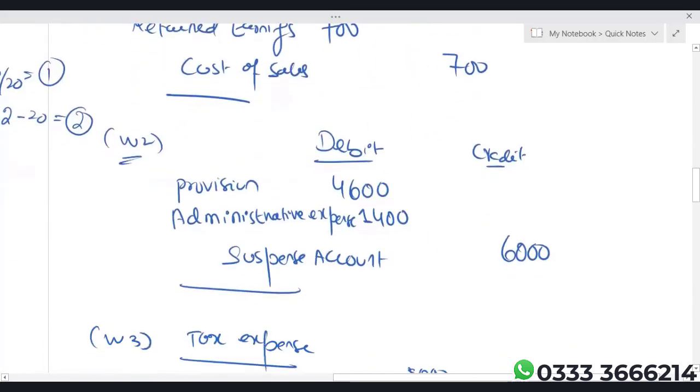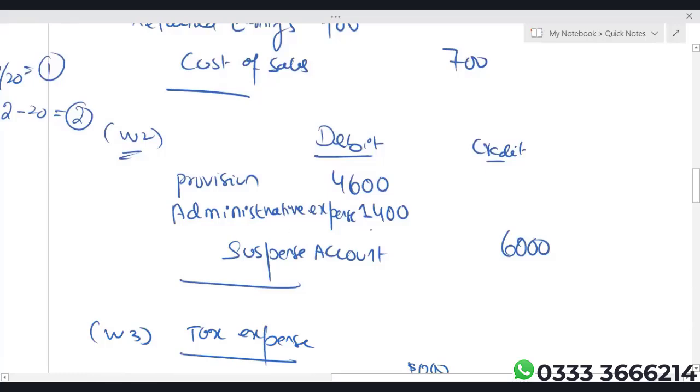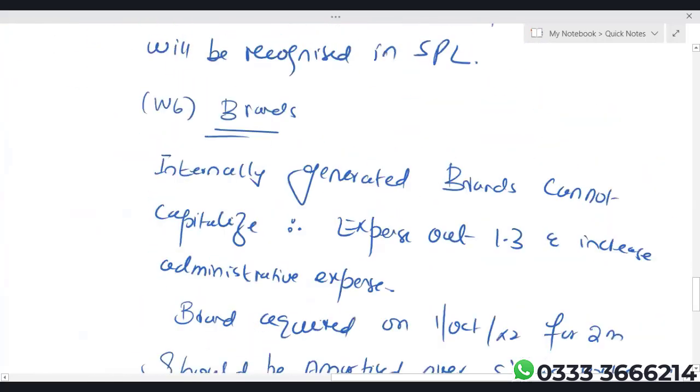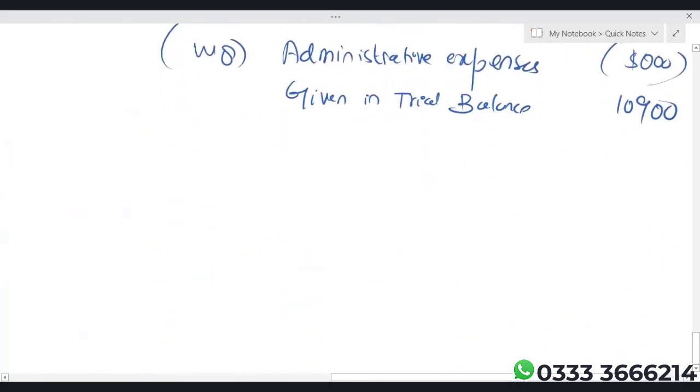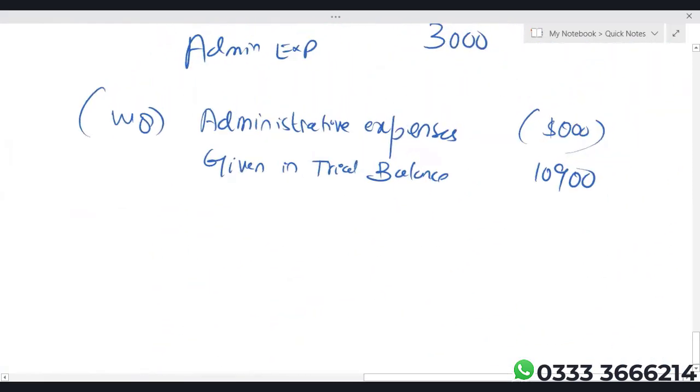Working 2: administrative expense is debited by 1,400. So that is payment on case settlement, that is working 2, 1,400.